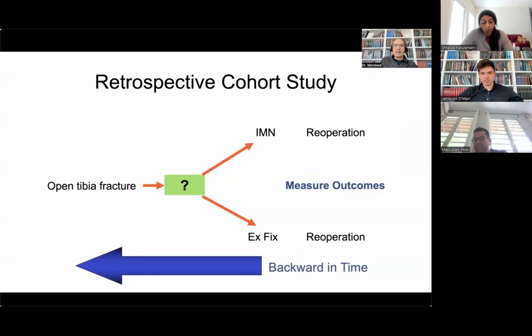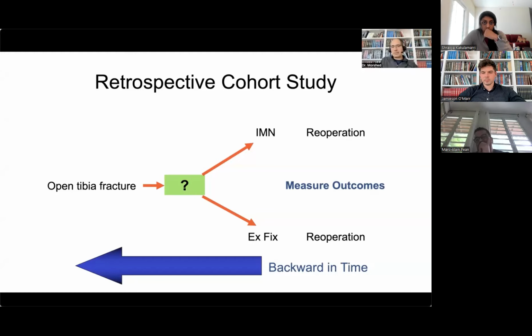So, right, we might have a clinic in which we've been following patients with open tibia fractures for many years. And we look at our patients and we identify them based on what treatment they received. And we go back in time, and we will already, by definition, have measured outcomes on these patients because we've got this clinic where patients have been following up for many years.